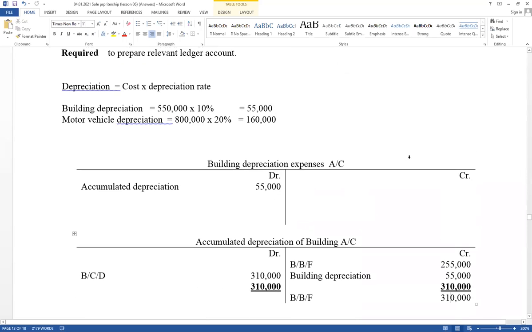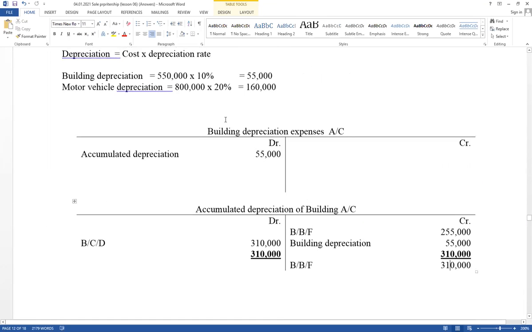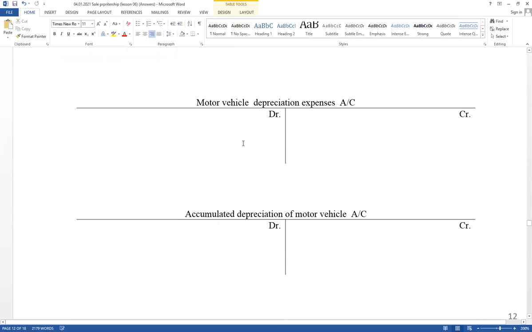Motor vehicle also same way. Think about motor vehicle. Motor vehicle depreciation equal 160,000. You have to prepare two ledger accounts for motor vehicle depreciation. Motor vehicle depreciation expense account and accumulated depreciation of motor vehicle.